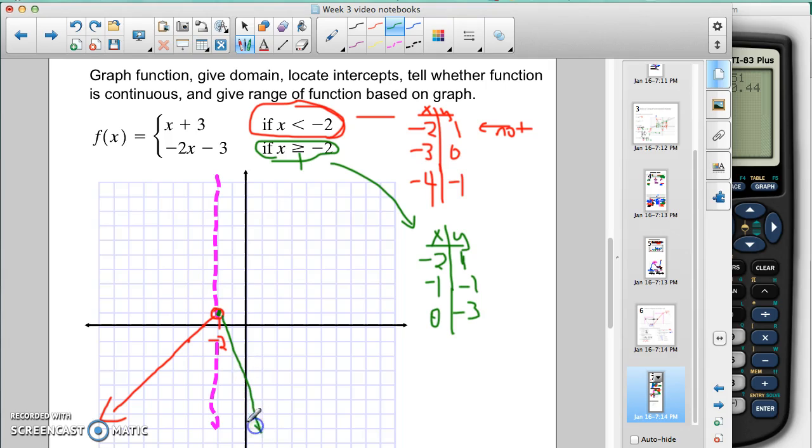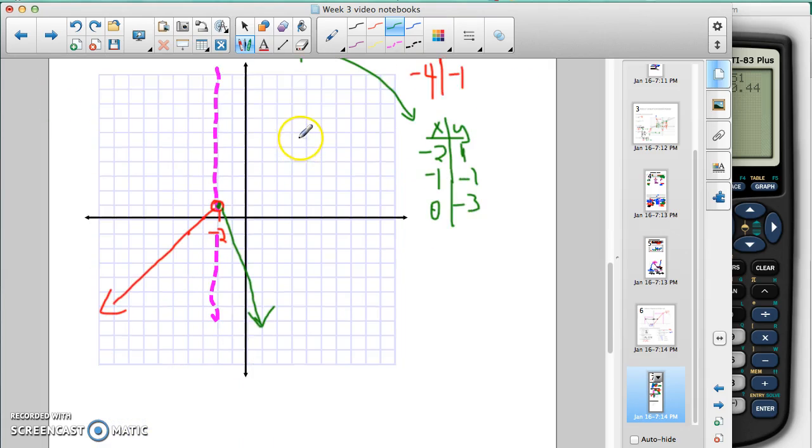Keep going in this direction. Now this is actually a continuous graph, because if we filled in the value from the one side, it matches up with the other. So this graph is going to be continuous.